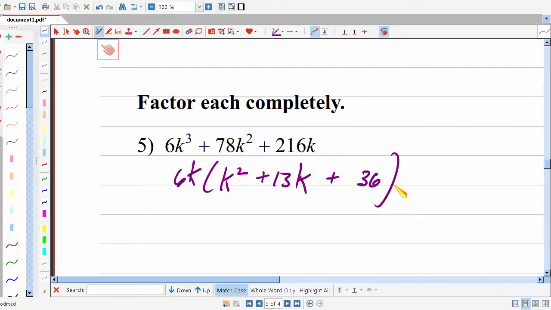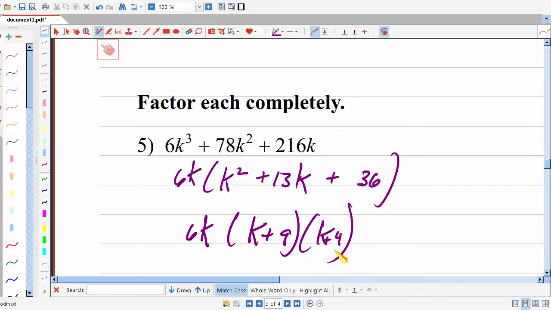And I don't think I can factor any farther because I don't, oh no, I can. 9 and 4 multiply to be 36 and add up to 13. So I get 6k times k plus 9 times k plus 4.